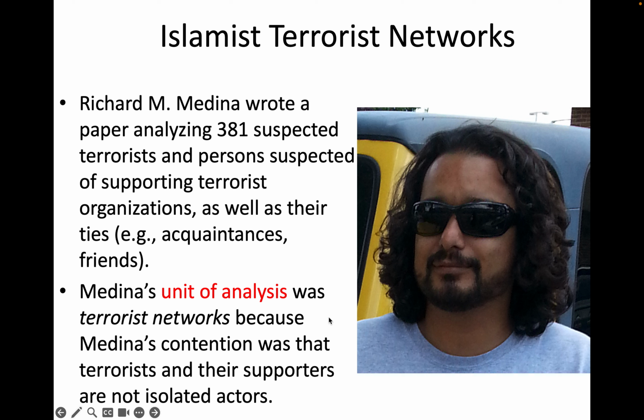Richard M. Medina wrote a paper analyzing 381 suspected terrorists and persons suspected of supporting terrorist organizations, as well as their ties, for example, their acquaintances, their friends. Medina's unit of analysis was terrorist networks, because Medina's contention was that terrorists and their supporters are not isolated actors.